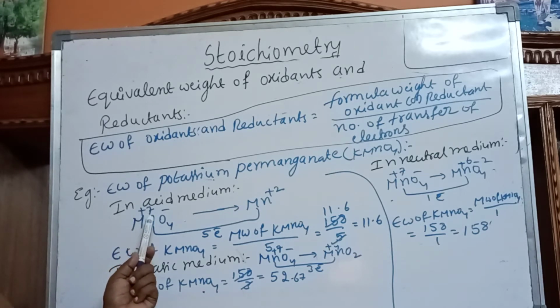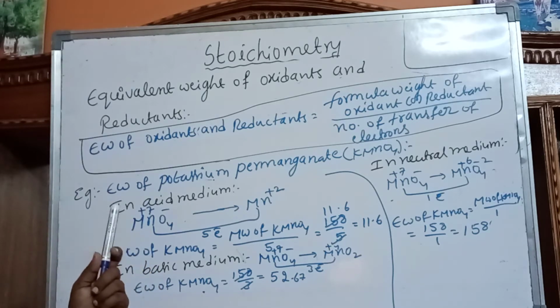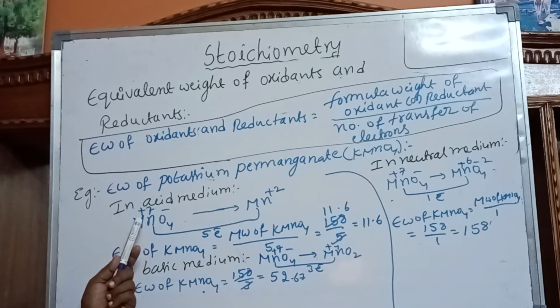The calculation of oxidation states was completed in the previous video. By following that, you know how to calculate the oxidation states of elements in a given compound. According to that, in MnO4 minus, the oxidation state of Mn is plus 7.